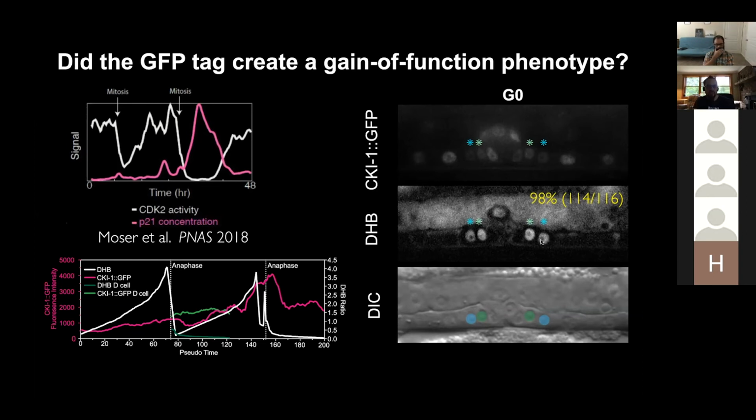We saw this at a lower penetrance in some of the other vulval lineages. So we're pretty sure what we're seeing is a gain of function phenotype, where we're getting a failure to turn over sufficient amounts of the CKI1 protein from the insertion of the GFP tag. This is clearly interfering in a cell cycle dependent way.